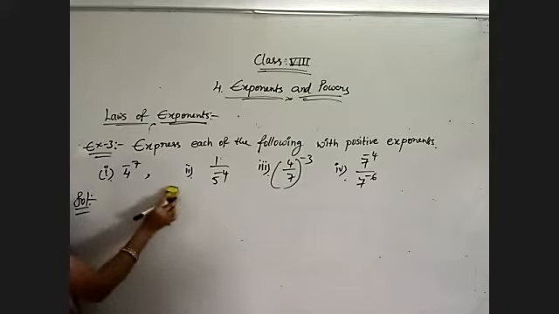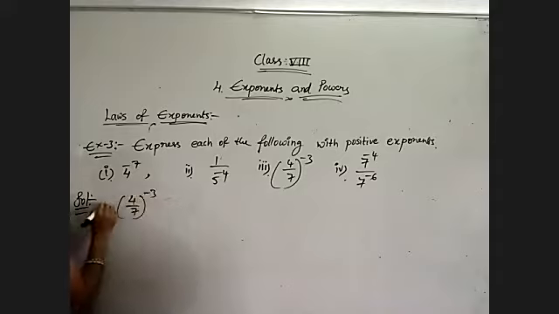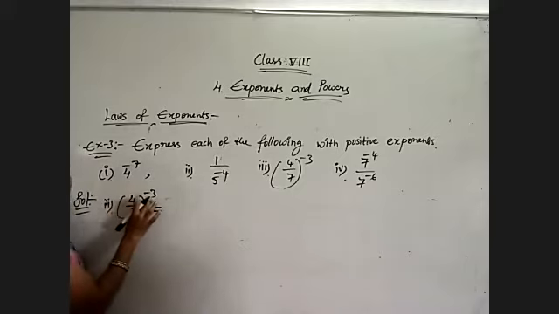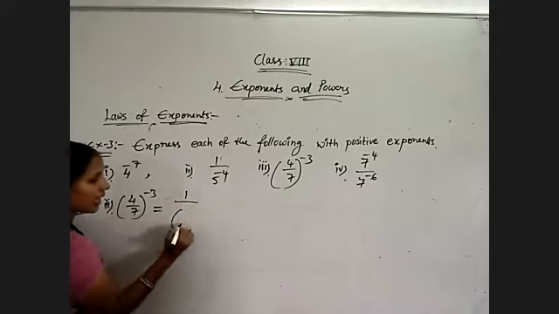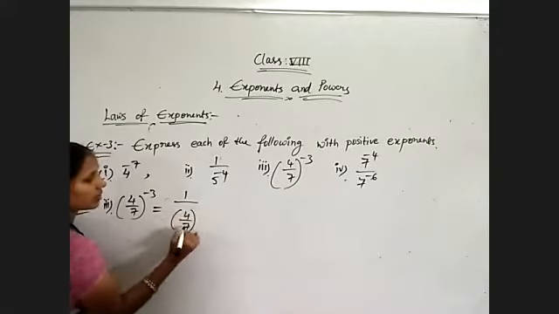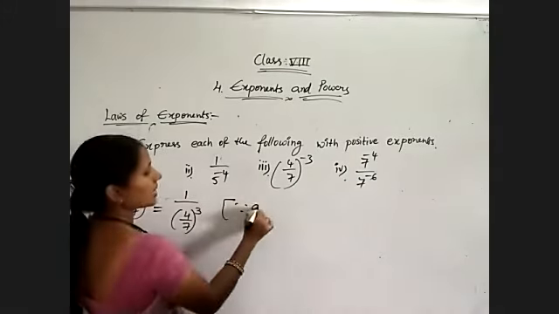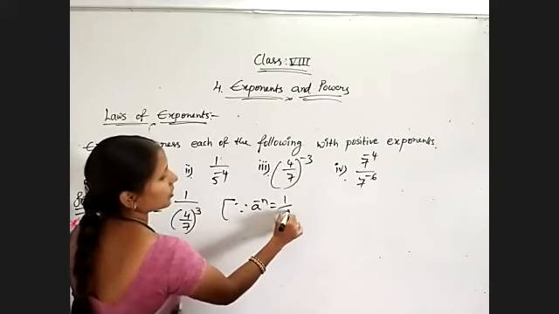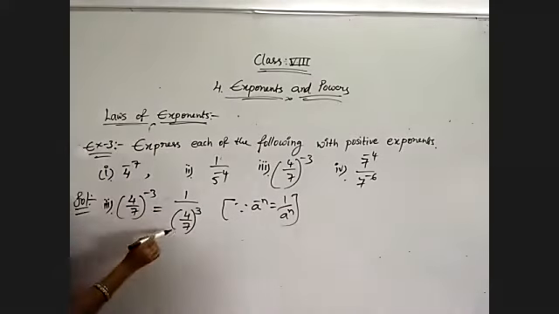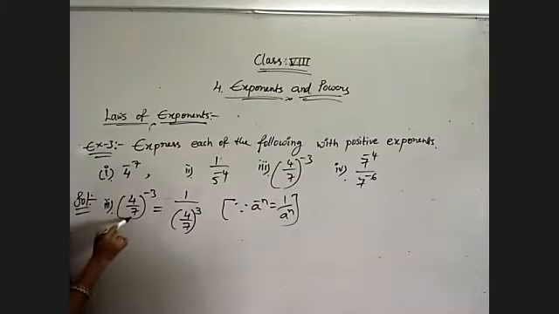Now coming to 4 by 7 whole to the power of minus 3. Third question. See, actually, now listen. A power minus n is equal to 1 by a to the power of n. Yes or no? But here that a is in p by q form, that is a rational number.